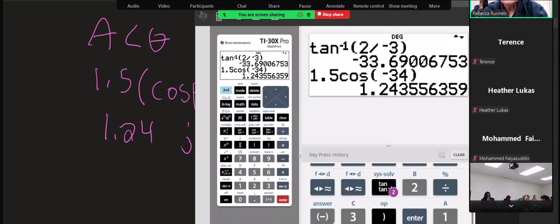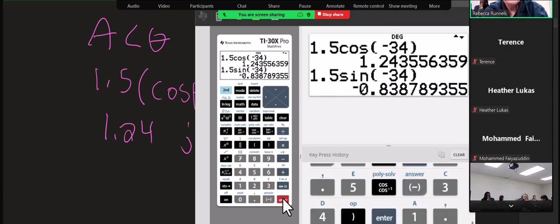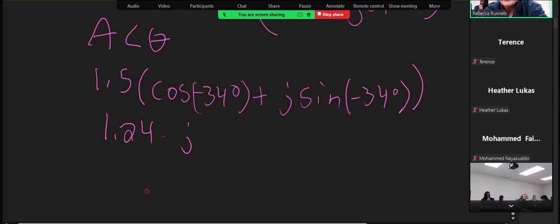When I do 1.5 sine negative 34, I get negative 0.84, so minus j0.84. That changes it to rectangular.